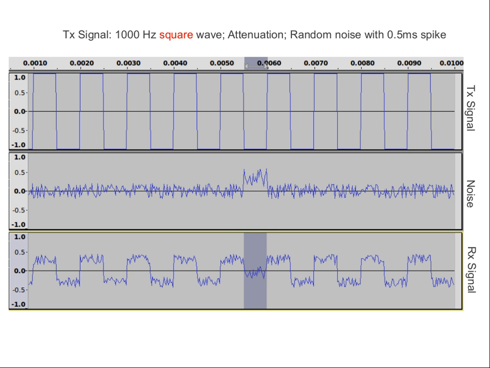Anything that is received between 0 and +1, it assumes bit 0. Any signal received between -1 and 0, it assumes bit 1. That is, anything that is below 0 is one level, anything that is above 0 is another level.